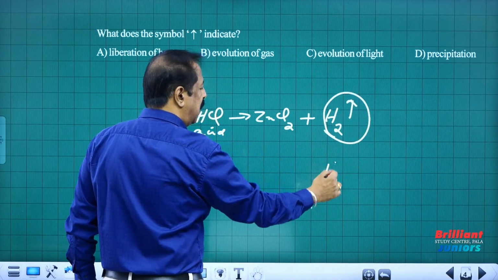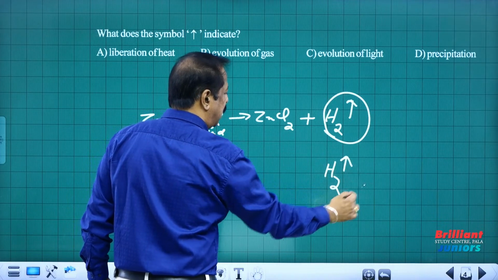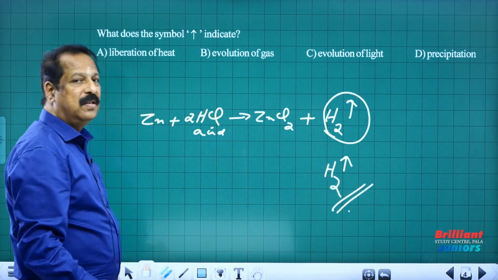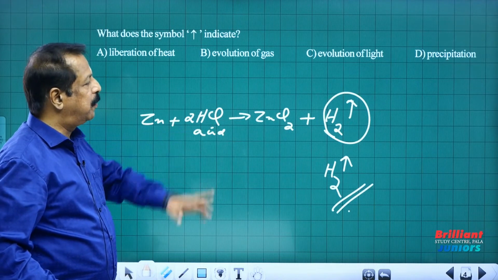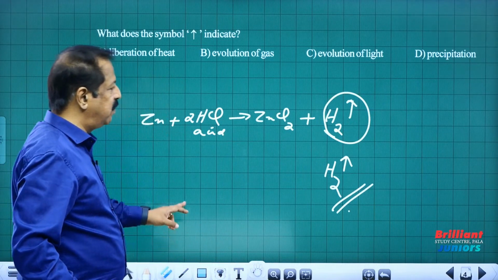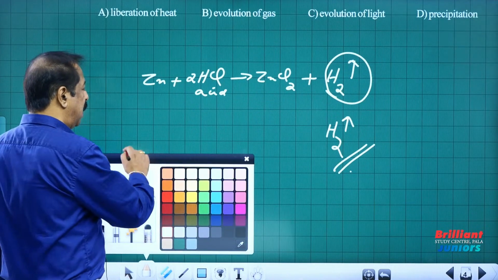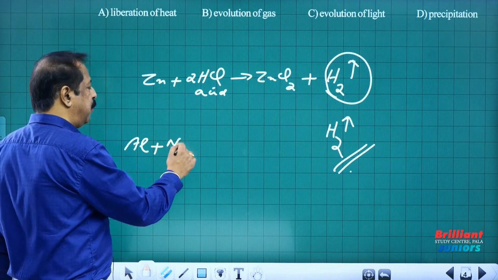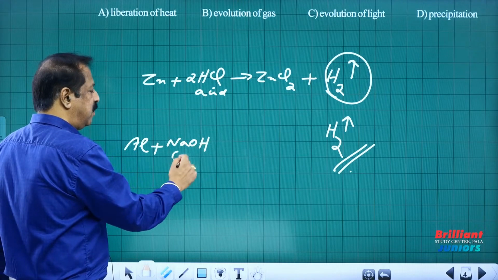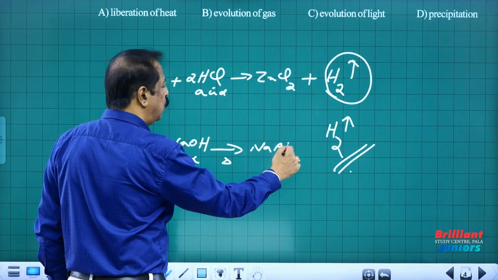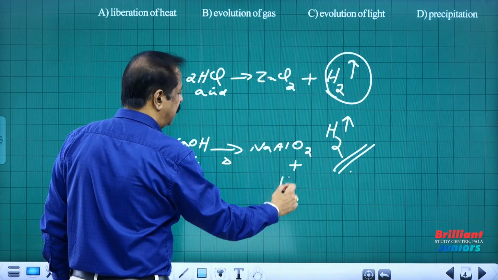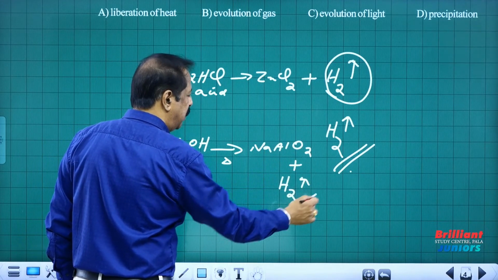So this symbol, with hydrogen, represents gas; gas is liberated. Another example: aluminum reacts with concentrated NaOH on heating, and the products are NaAlO2 plus hydrogen gas. So hydrogen gas will be liberated.